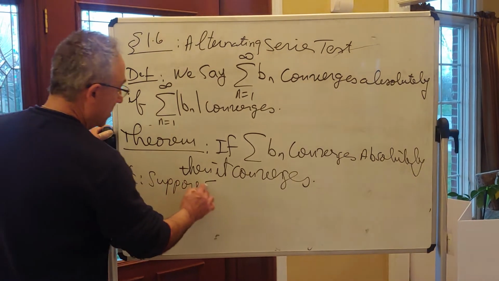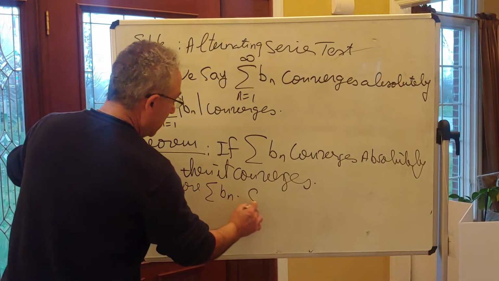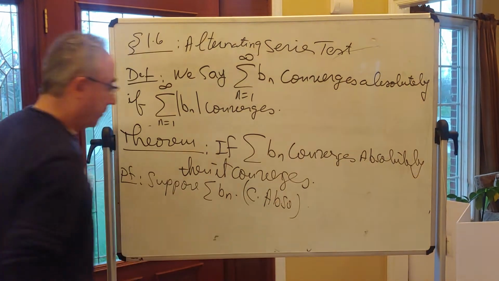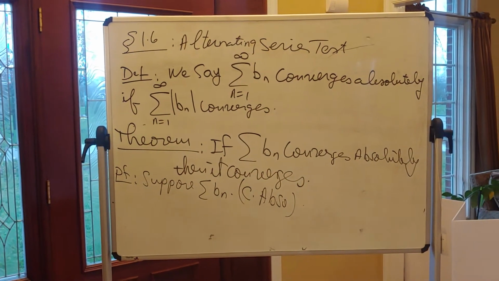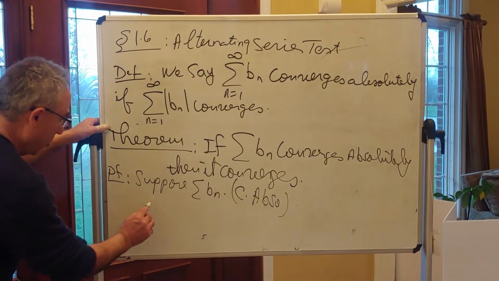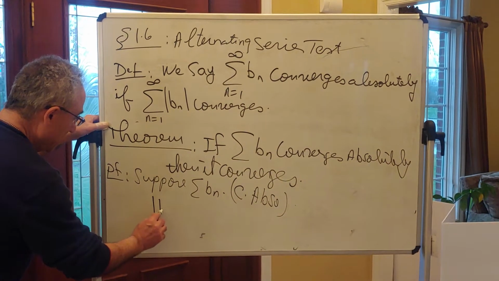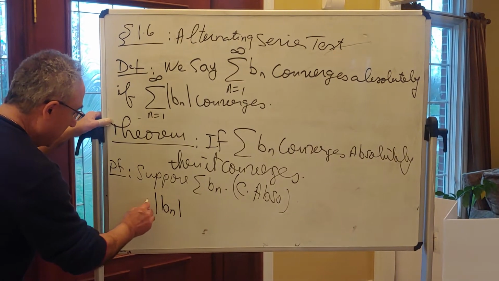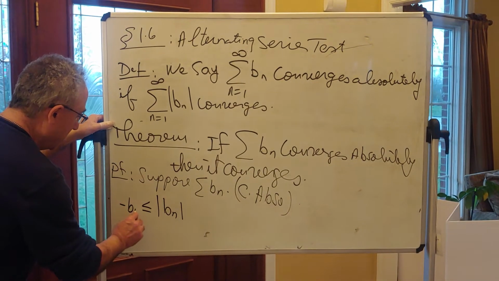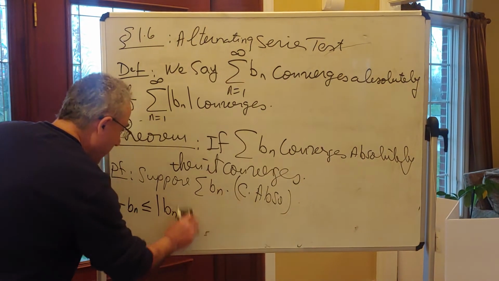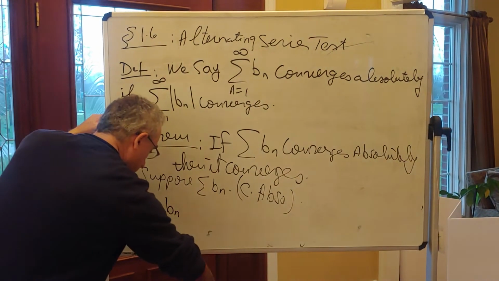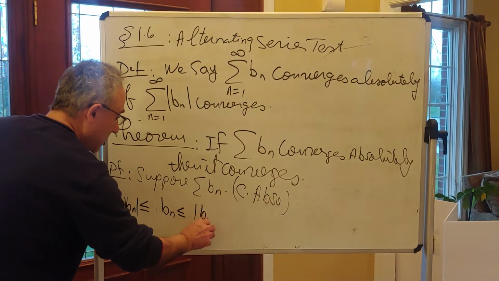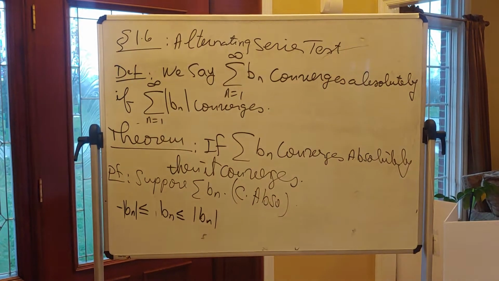Suppose the sum of bn converges absolutely. Okay? And now what do we know? We know that minus the absolute value of bn is less than or equal to bn, which is less than or equal to the absolute value of bn.